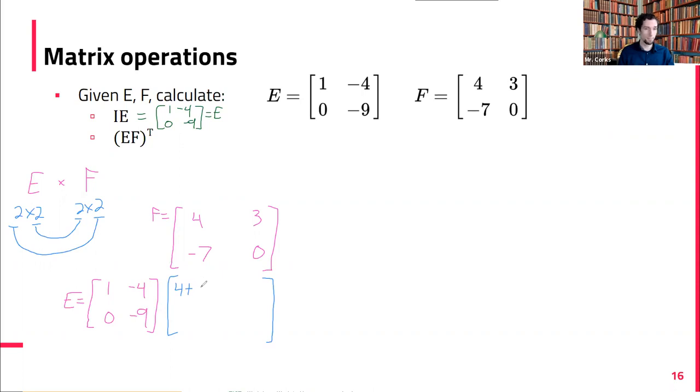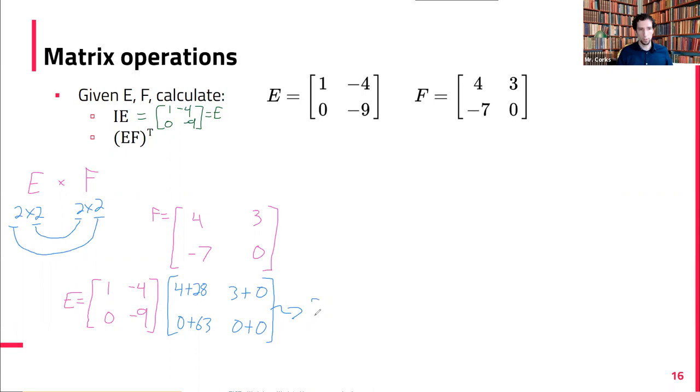All right, next position here. 3 plus 0. Next one. 0 plus 63, and 0 plus 0. Okay, so there is our result.